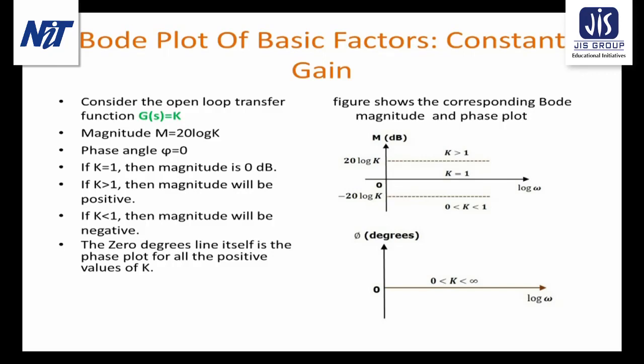So let us consider the third case. In the third case, we have considered that K is greater than 0 but less than 1. So in this case, if we consider the value of K, then we will get the magnitude as a negative constant and the angle remains the same, that is again 0 degree.